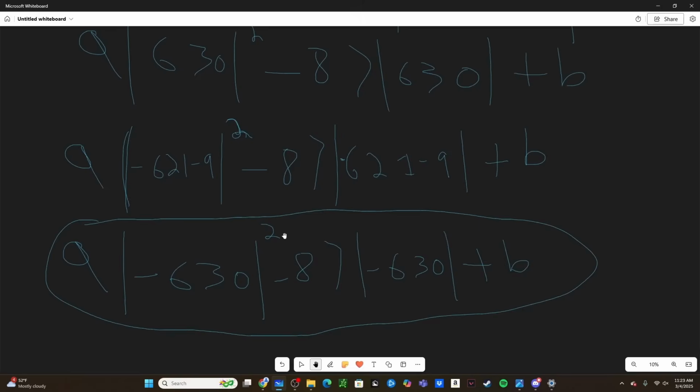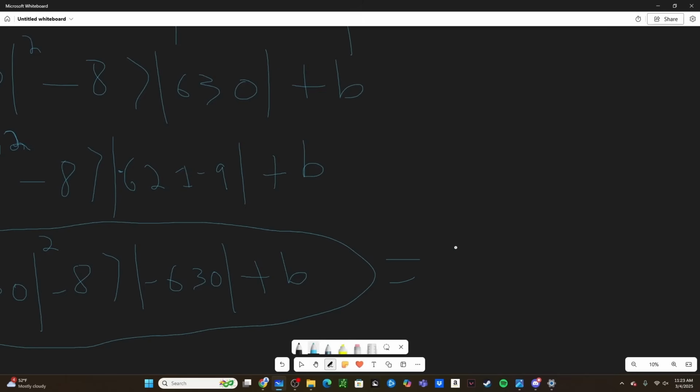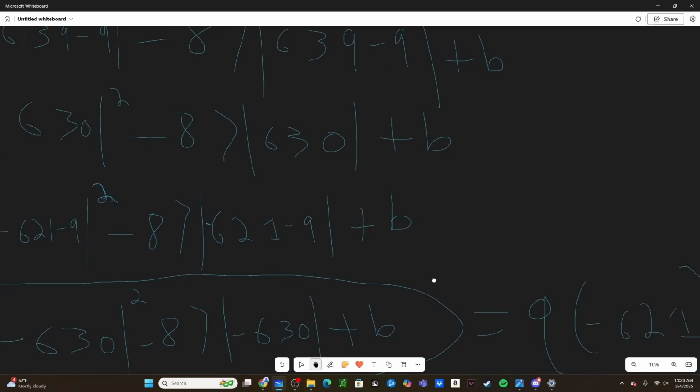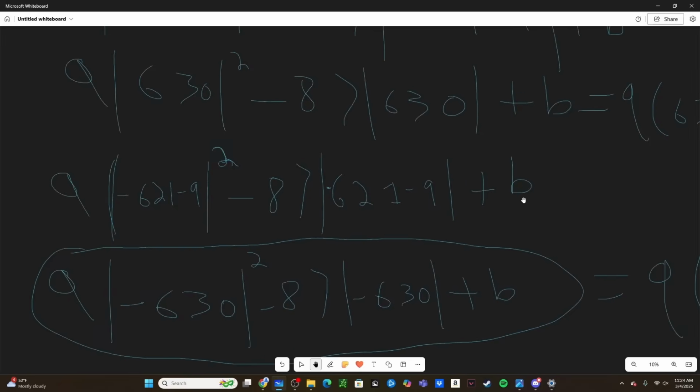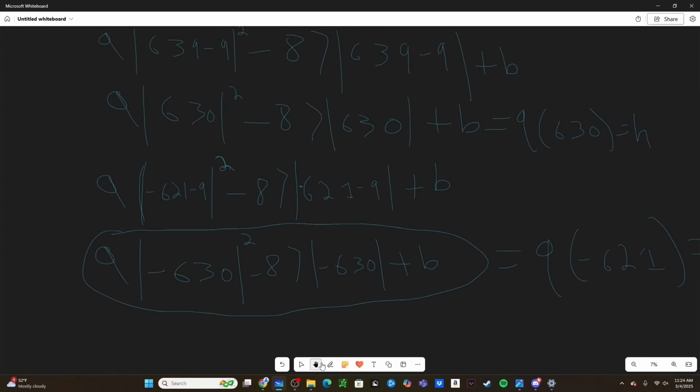And now we know that this equation is equal to q of negative 621, and it's also going to be equal to k. And then we know that this equation up here is equal to q of 639 and also h. So what is the relationship? Well, if we zoom out, we can actually see these are the same value, right?